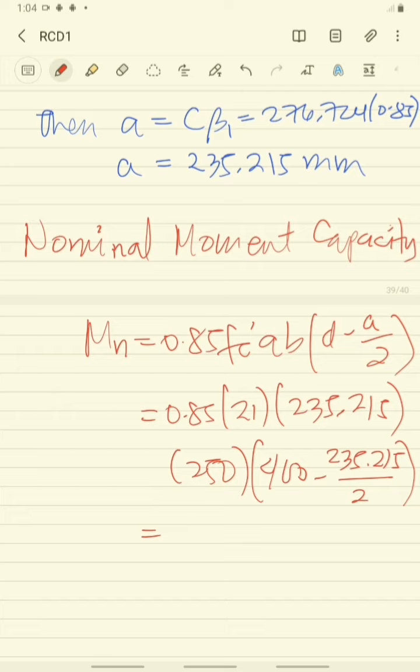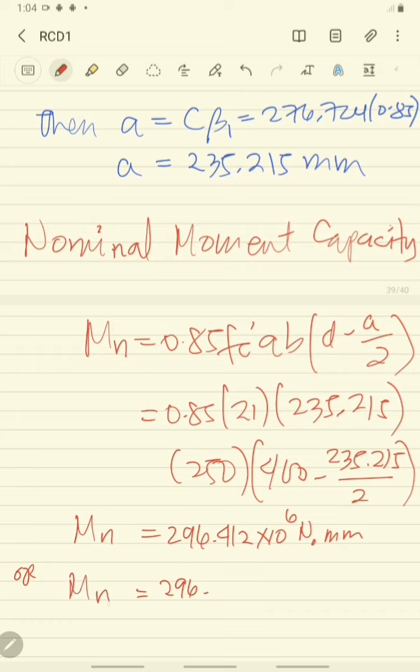So that is 296.412 times 10 to the 6, and the unit is Newton mm. Or the nominal moment capacity is 296.412 kilonewton meter.